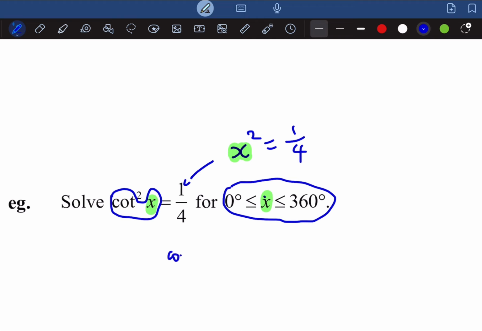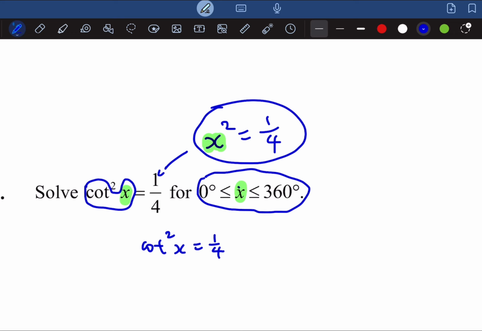So I have cotangent square x equals 1/4. Imagine we have x squared is 1/4. First thing is x squared, so we have to square root both sides to find our x, or to find the base. But before that, because it's cotangent, we can only solve sine, cosine, tangent in a calculator.